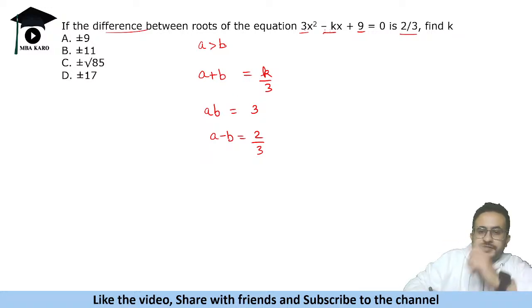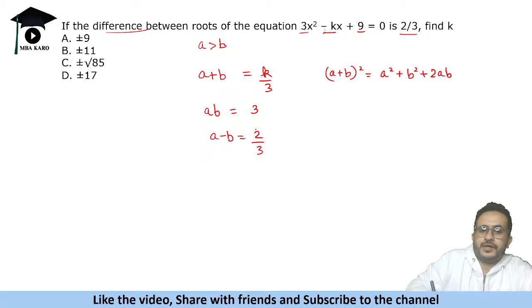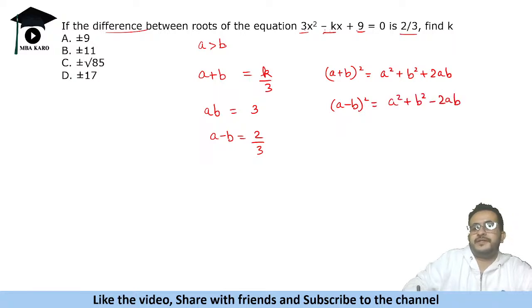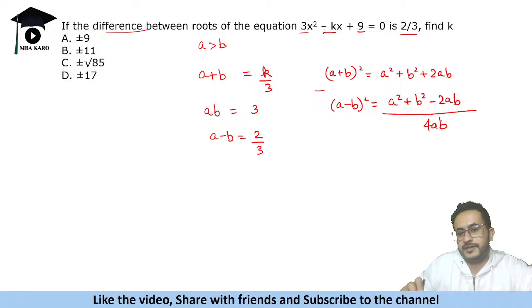See, square these terms. What is (a plus b) whole square? (a plus b) whole square is a square plus b square plus 2ab. And what is (a minus b) whole square? a square plus b square minus 2ab. So whenever the difference between the roots is given, use this. When you take the difference, these two cancel out, plus 2ab minus 2ab, minus minus becomes plus, so 4ab will be the difference.